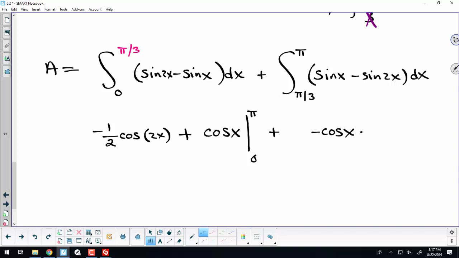The antiderivative of minus sine 2x is positive 1/2 cosine 2x, and those two are evaluated from pi over 3 to pi. So even something like that is a bit tedious to compute those values.